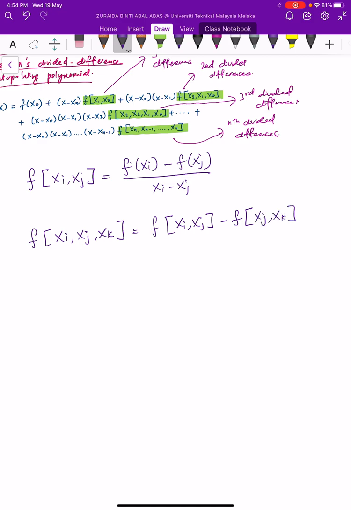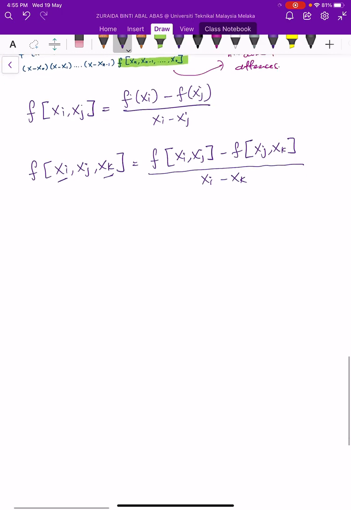Look at the pattern here: you combine these two, and then next you combine these two. Then you need to divide by the difference between this point and this point, so this is xi minus xk.